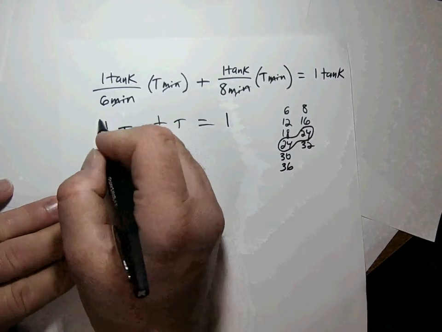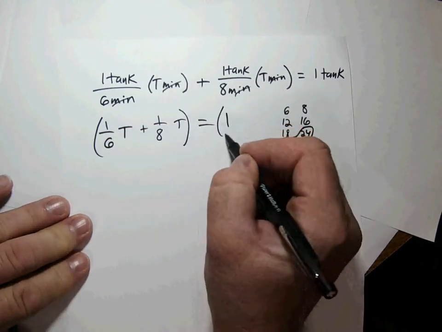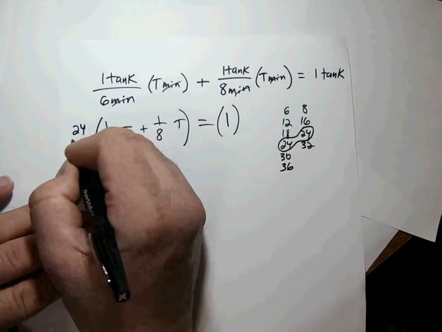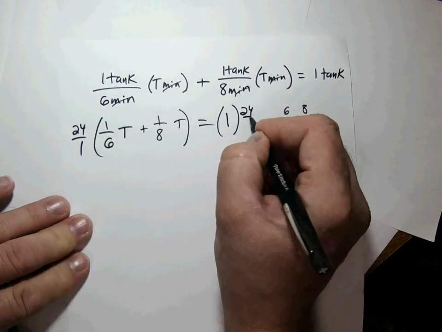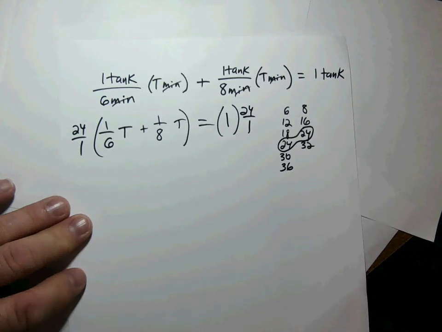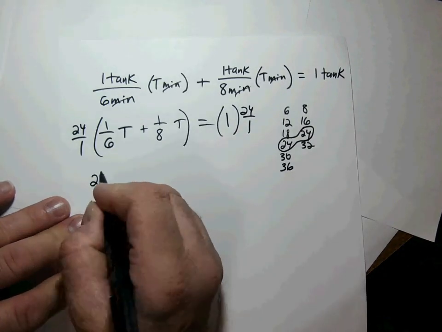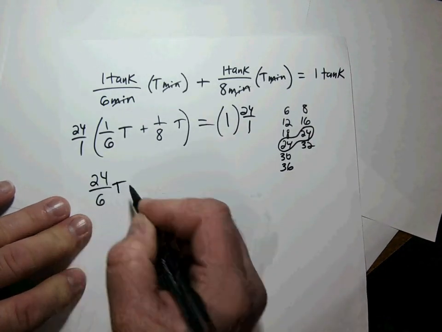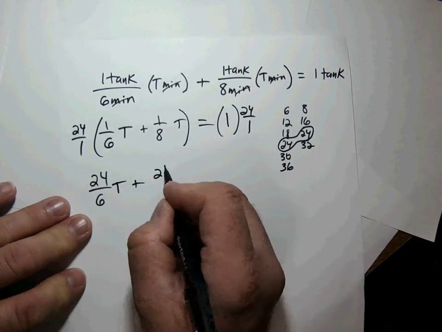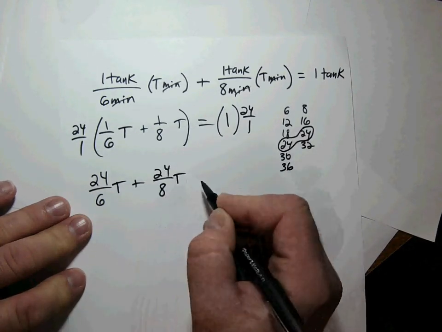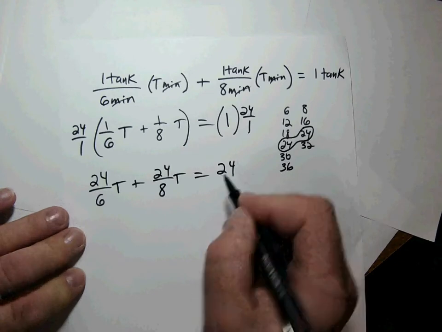So I'm going to multiply through by that number, which will be 24 over 1 if I think of it as a fraction. So it's 24 over 6t plus 24 over 8t equals, that'll just be 24 there.